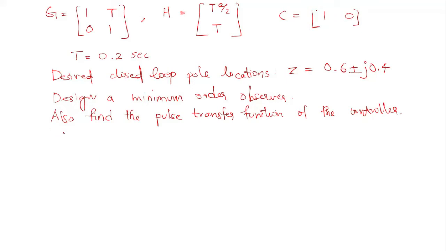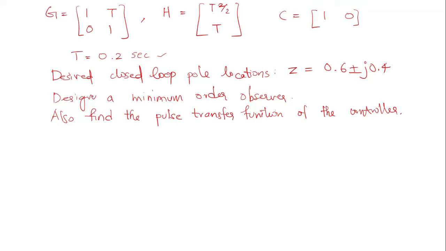So this is our question. Our system is given by the matrices G, H and C, and the sampling time T is given as 0.2 seconds, and we are given the specification that the desired closed loop pole location should be at 0.6 plus or minus j 0.4.